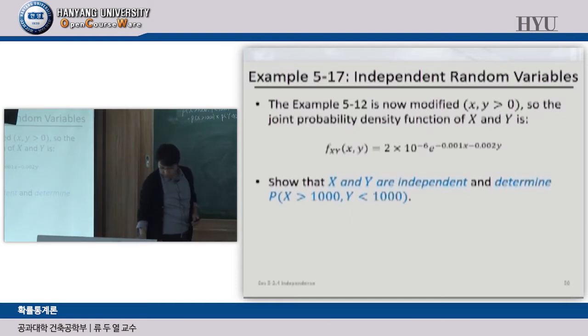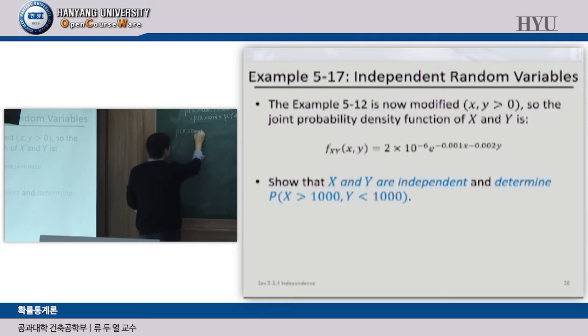And so the probability of x when x is larger than 1000 is equal to the integration from 1000 to infinite of the marginal probability density function of x, right?